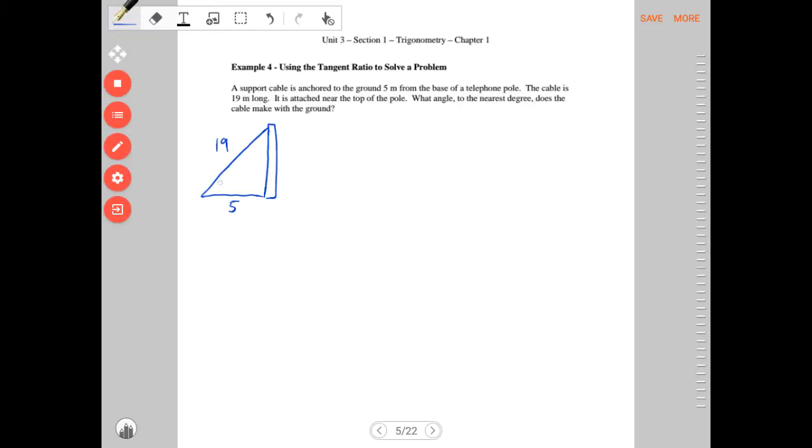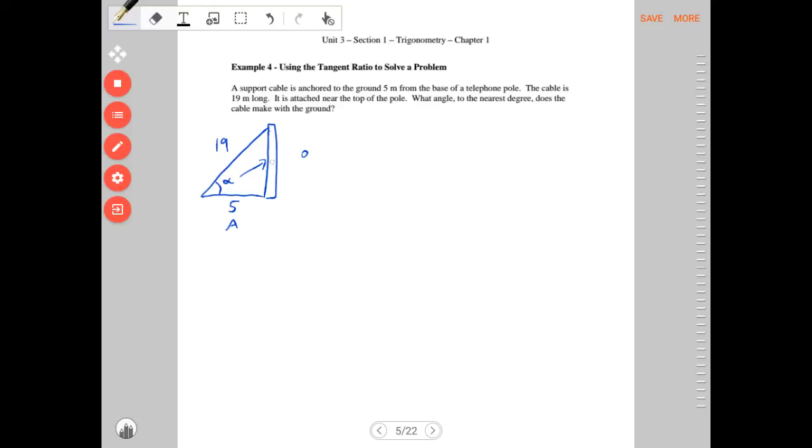Then this angle is what they're asking for. The problem here is that the only ratio you guys know right now is the tangent ratio. Later on, we will do this with a different one, but that's okay. It lets us show some other things. If I want the opposite, because all I know is tangent right now, opposite over adjacent, it means I need that side.